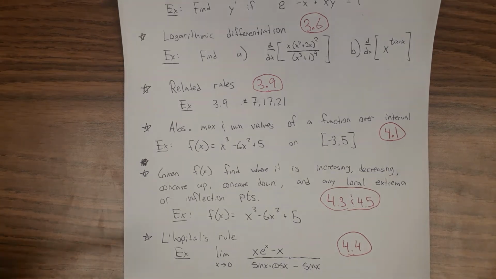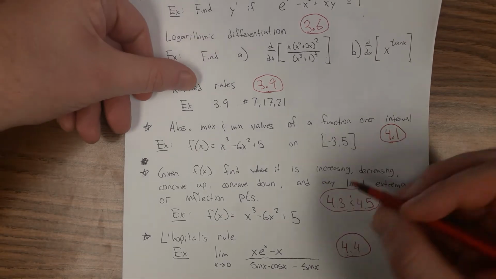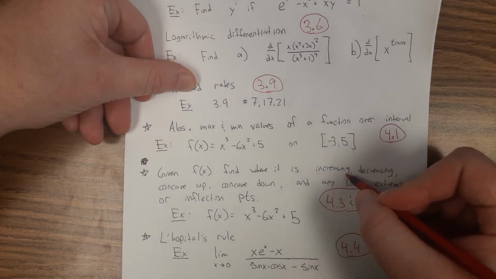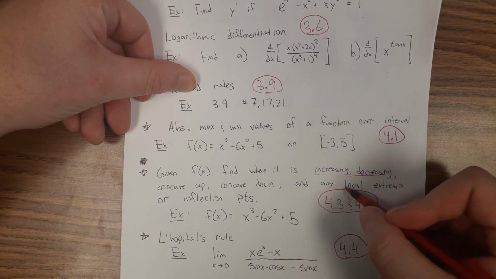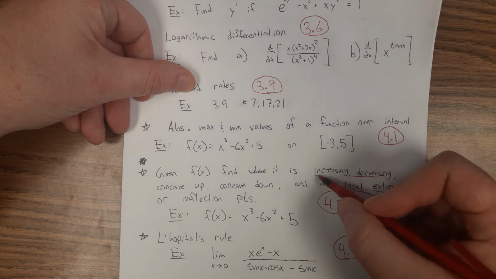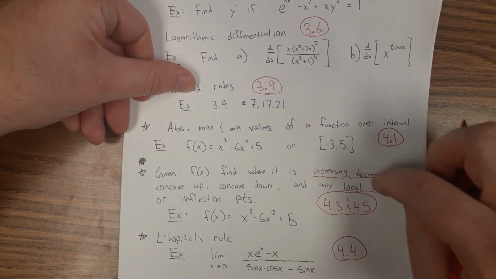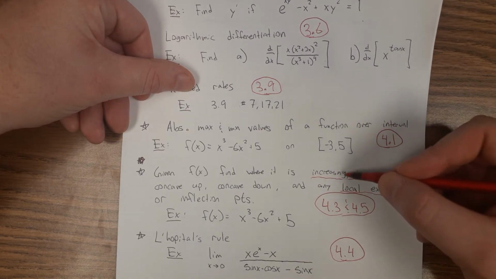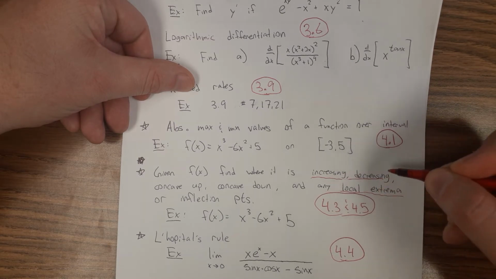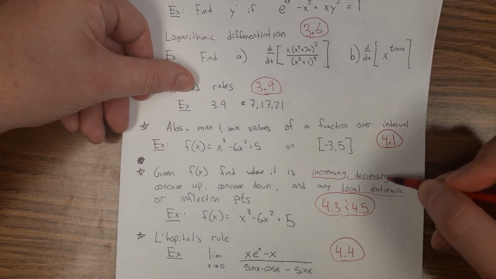In particular, it's sometimes hard for students to know which derivative they need. Increasing and decreasing and local extrema are all first derivative stuff. A function's increasing where the first derivative is positive, it's decreasing where the first derivative is negative.